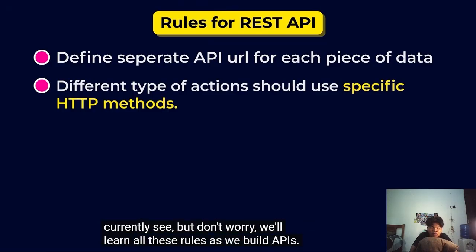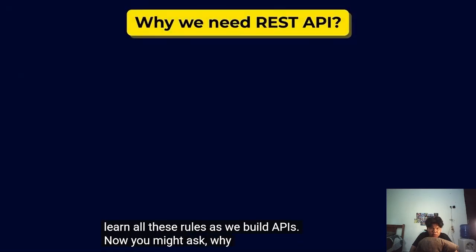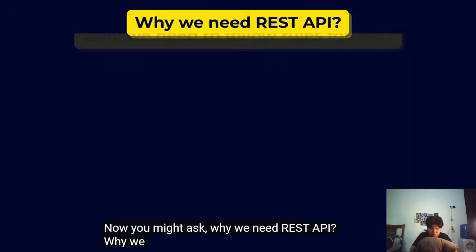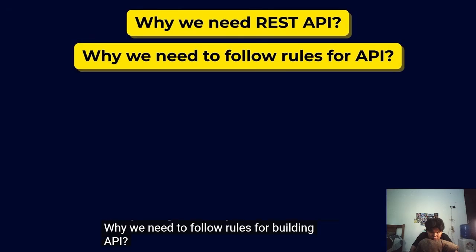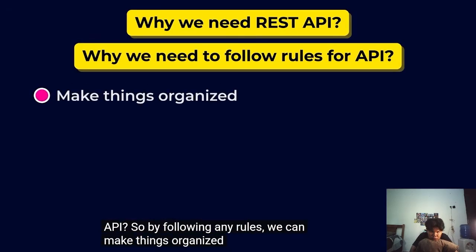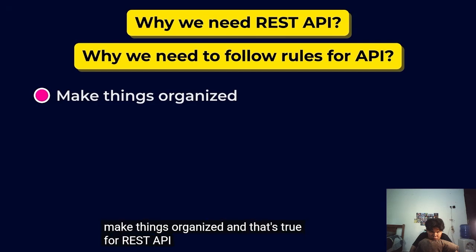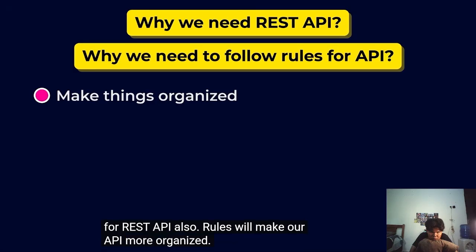Now you might ask why we need REST API, why we need to follow rules for building an API. By following any rules, we can make things organized. And that's true for REST API also. Rules will make our API more organized.